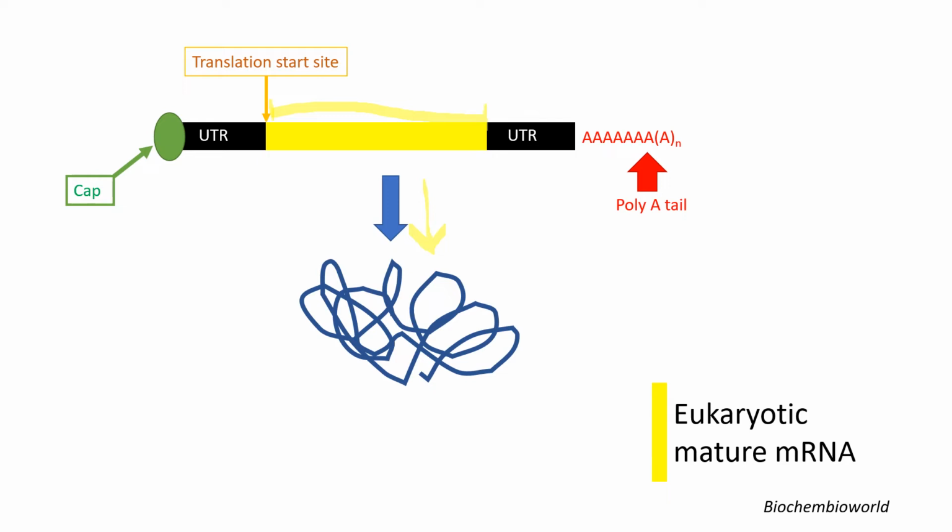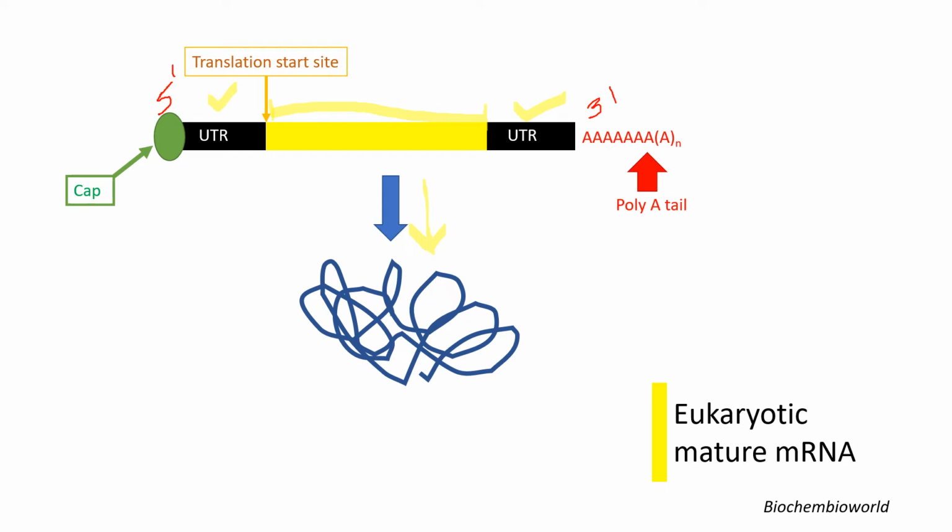And usually this coding region is flanked by untranslated regions, UTRs. Towards here is the 5' end of the mRNA. This is the 3' end. Usually the 5' end UTR is termed as 5' UTR, and the 3' end as 3' UTR.